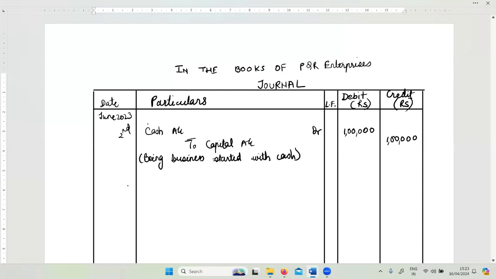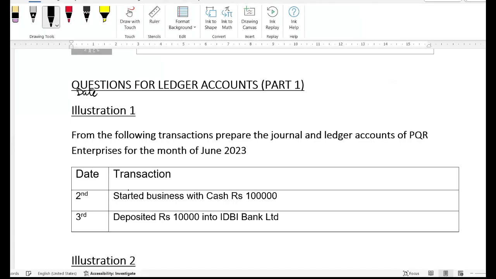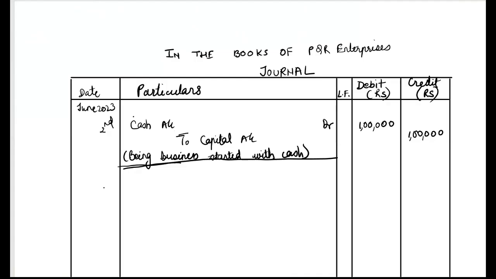Next, I'm going to write the second journal entry as required. The second journal entry is on 3rd. Deposited 10,000 into IDBI Bank Limited. So on 3rd, cash is going out and bank is the receiver.